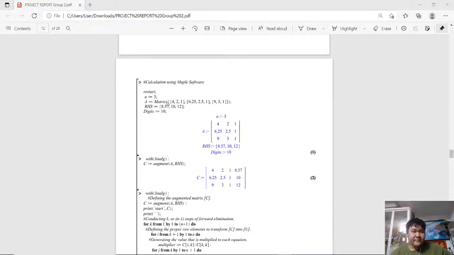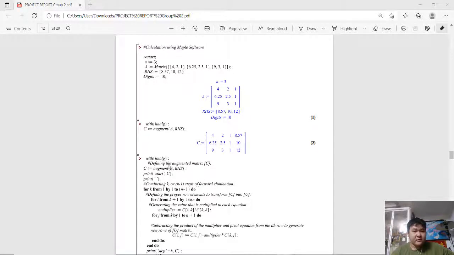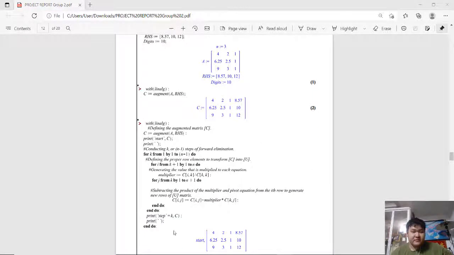The next one is Maple. We need to form the matrix form. So this is the matrix form. Then we combine it, because we need to find the new matrix form by using the elimination method. So this is the step for finding the new matrix.